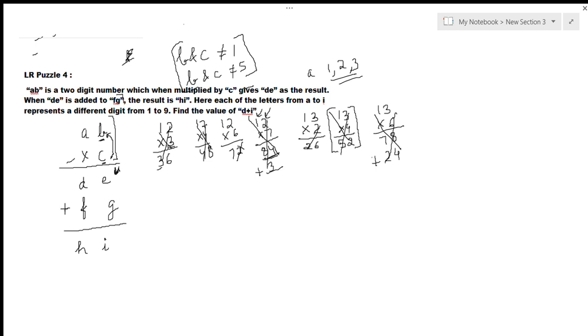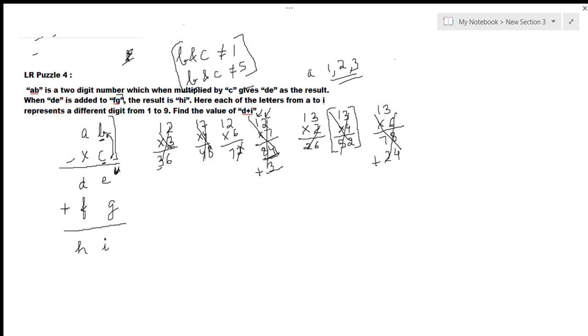So the 13 case has been eliminated. 12, 13. See, that is the benefit of doing it through a systematic approach, because I know that in any case 12 cannot be there, 13 cannot be there, and so on. Doing it by a random method will lead us to multiple options, that sometimes I check 17, sometimes 15, then 16, and so on.